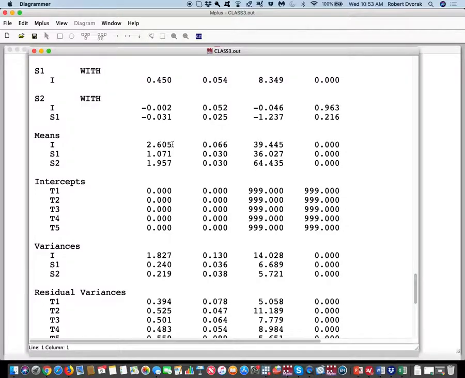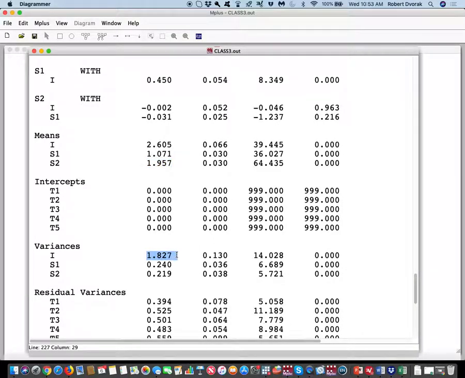Pretty close, right? It's not going to be perfect. We have a slope prior to time 3 of 1.071, leading up to time 3. And from time 3 to time 5, our slope is 1.957. It increases dramatically, right? Our slope almost doubles in value from 1 to almost 2.